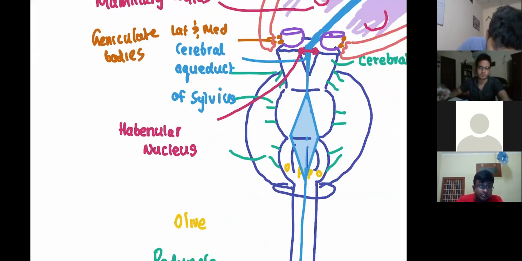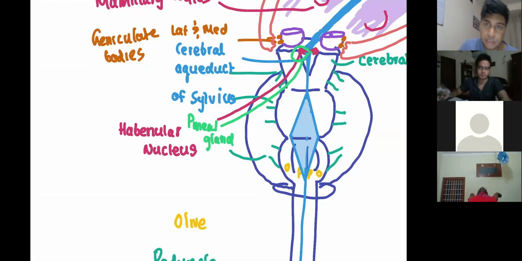And there is one structure which originates from this point of the ventricle going like this. It is called the pineal gland. Okay, pineal gland. And just for the sake of completion, you need this for basically basal ganglia and Parkinson's disease.